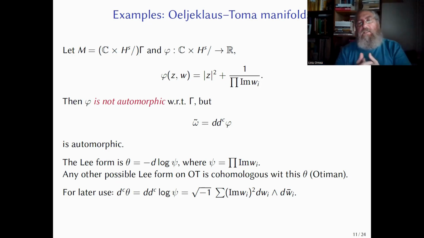That's a problem that I shall deal with maybe in the next talk. When you have an LCK manifold, you are interested to know how large is the subset of the first cohomology H^1 formed by possible Lee forms. And for Inoue, it is a singleton. For Oeljeklaus-Toma, again a singleton. In other cases, you can have a half space.